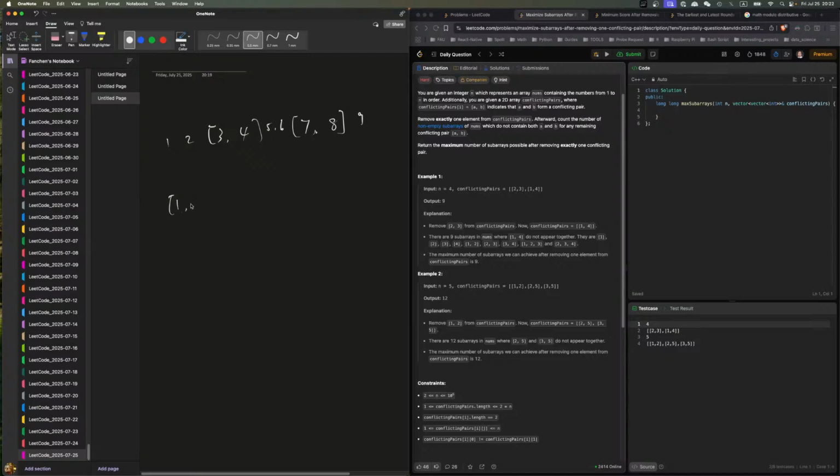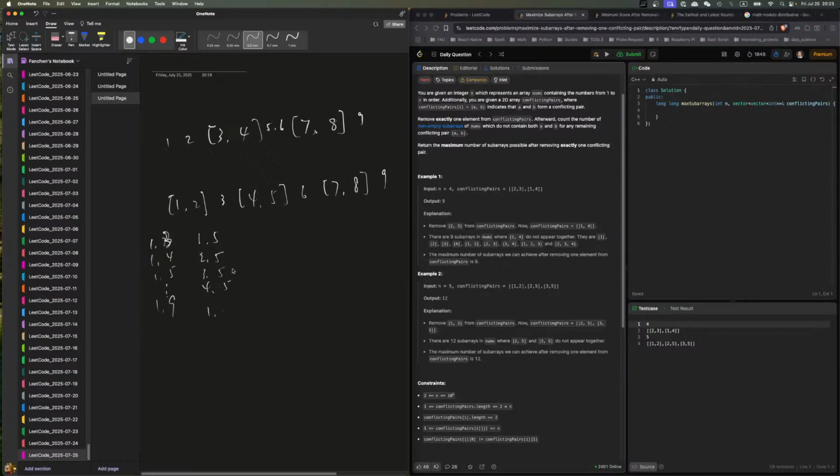So we can just start with 1, 2. I'll skip 3, 4, 5. I'll skip 6 and 7, 8, and I'll end at 9. Alright. So now we have 1, 2. We have 1, 3, 1, 4, 1, 5, all the way to 1, 9. For this, I have 1, 5, 2, 5, 3, 5, 4, 5.